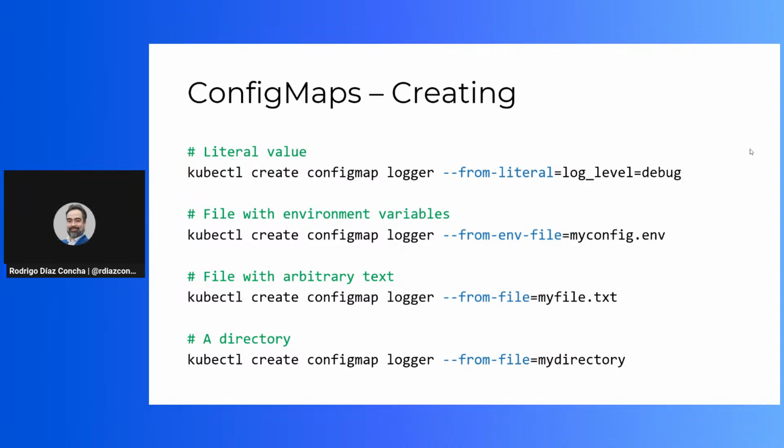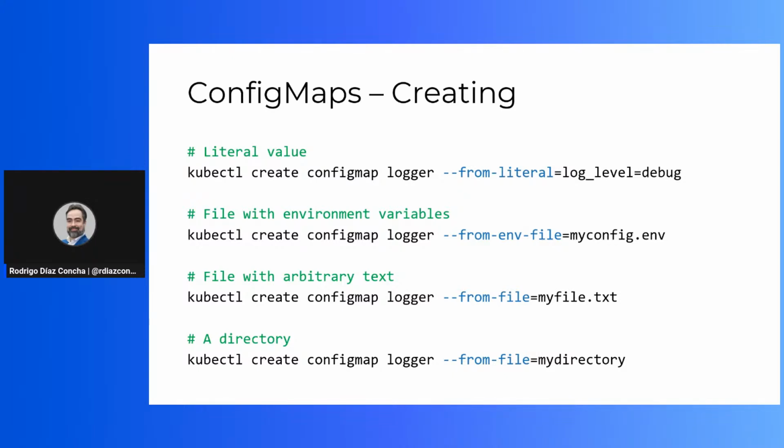Okay. So the first command that I have here on the screen is creating a config map object named logger that is using the from-literal flag, and it's using the equal sign and then specifying the key and value for this literal, okay?